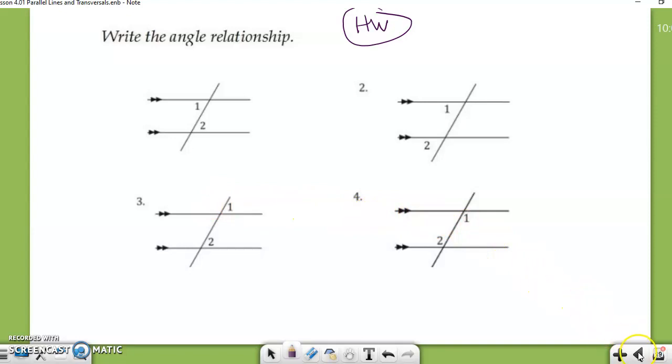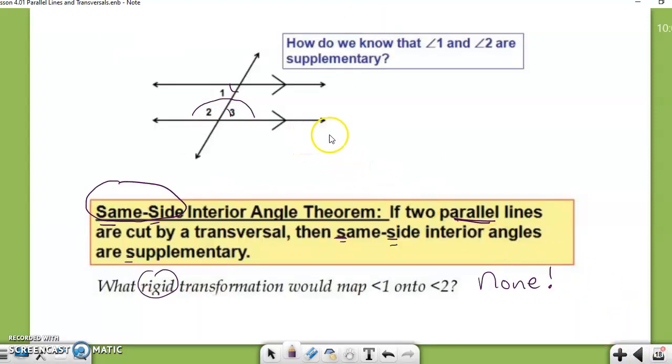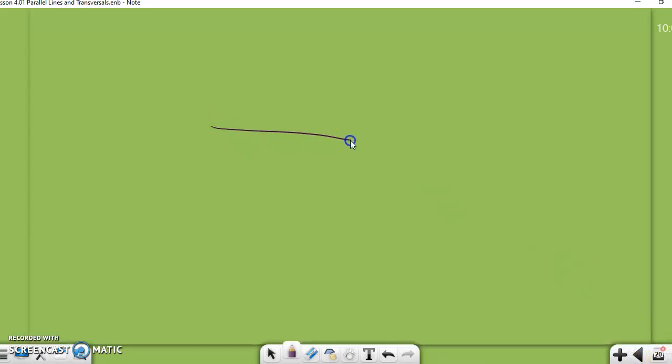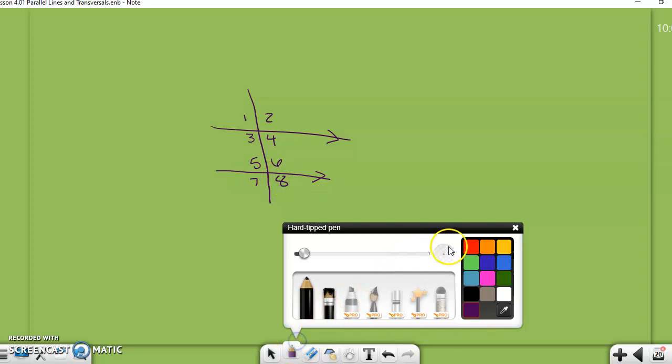Basically, let's just recall, if you have parallel lines, I'm going to use notation, and a transversal, you have 1, 2, 3, 4, 5, 6, 7, 8 angles that are created.